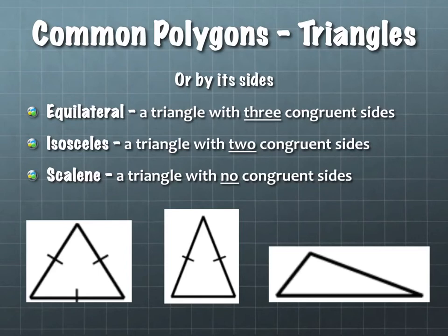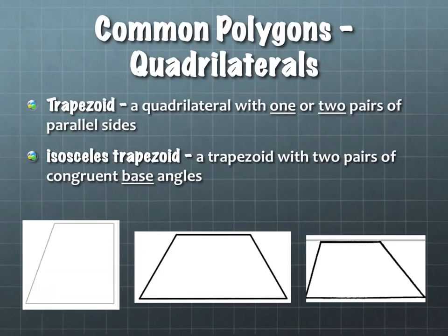Another common polygon that we have are quadrilaterals. I already mentioned one of these a moment ago since it was brought up, and here's a few others. The first one mentioned here is a trapezoid, and this is something to be aware of. A trapezoid is a quadrilateral with one or two pairs of parallel sides.